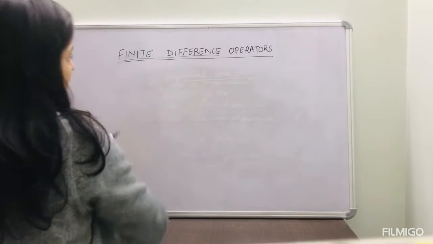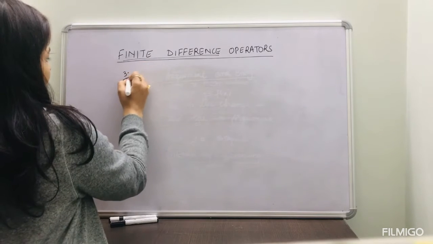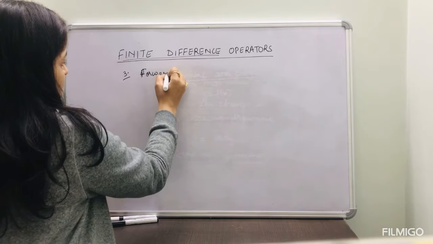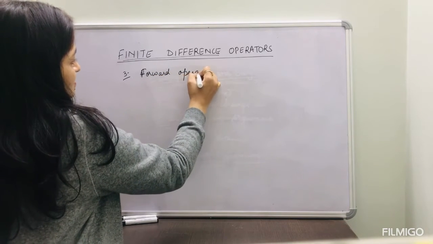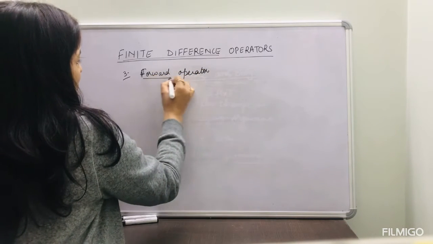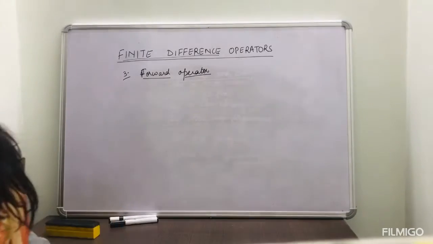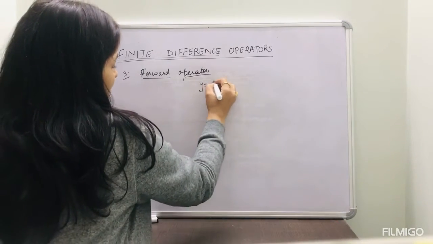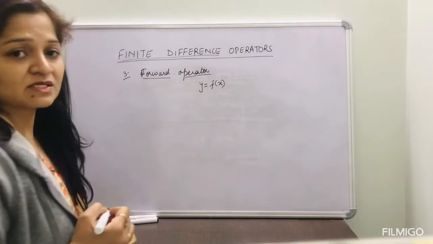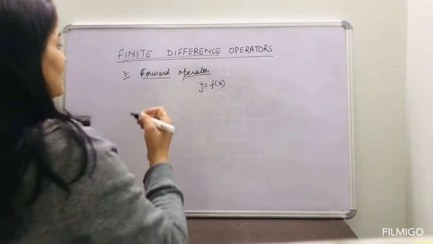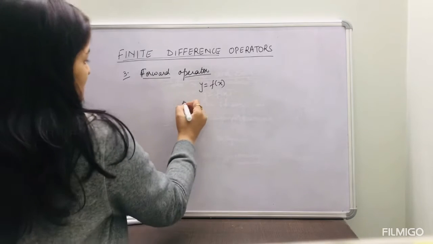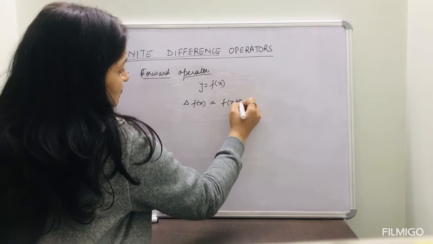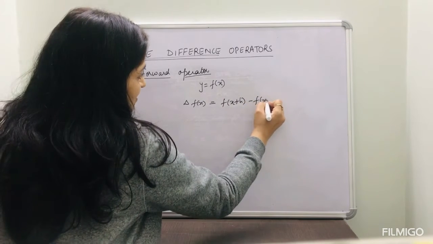So first operator we are going to have is the forward operator. What is forward operator? Let y is equal to f of x be my given function. We define forward operator as del of f of x is equal to f of x plus h minus f of x.